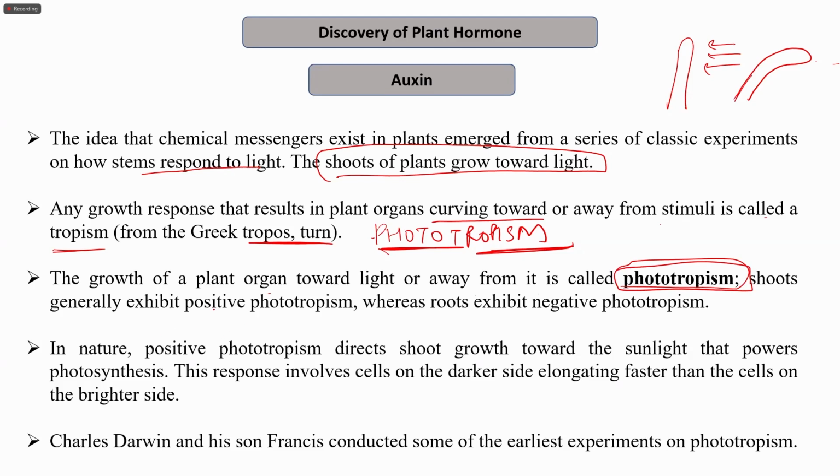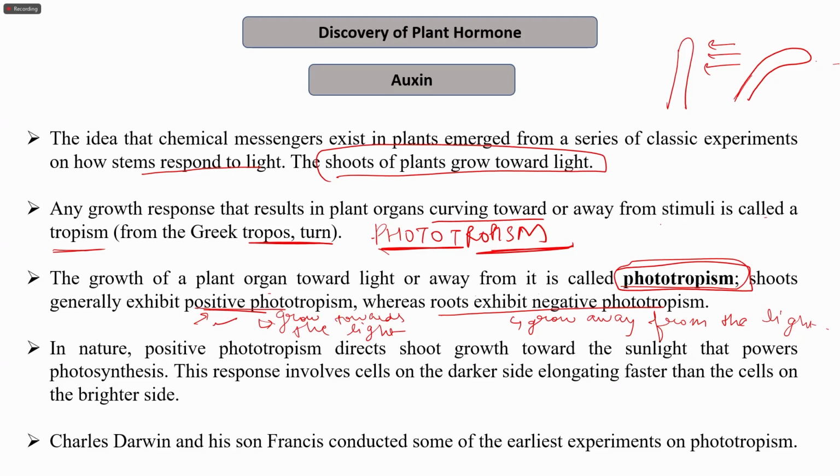Shoots generally exhibit positive phototropism, that is, they grow towards the light, whereas roots exhibit negative phototropism, growing away from the light. In nature, positive phototropism directs shoot growth towards the sunlight that powers photosynthesis.